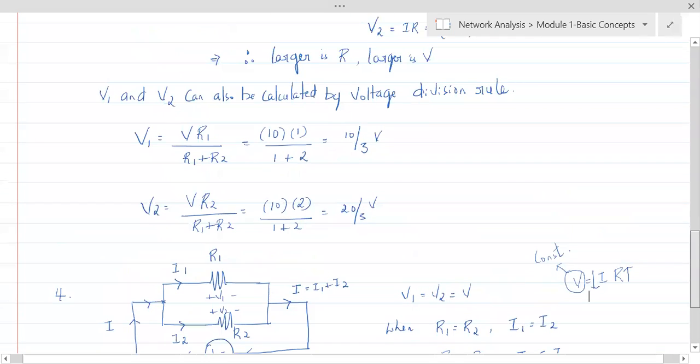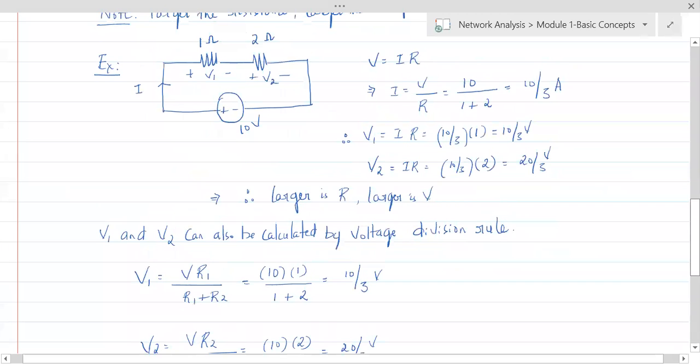Okay, so let's take an example. In the previous case, we obtained the equal values for V1 and V2, and the same V1 and V2 we obtained by using the voltage division rule.